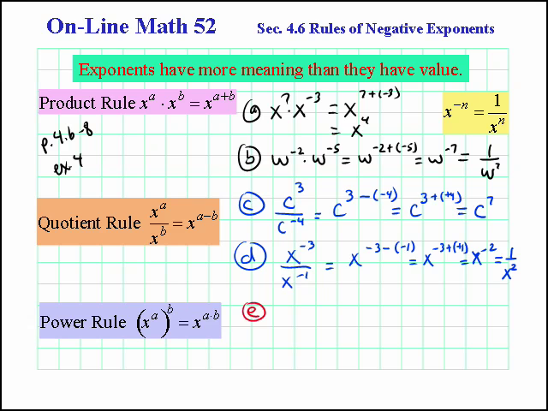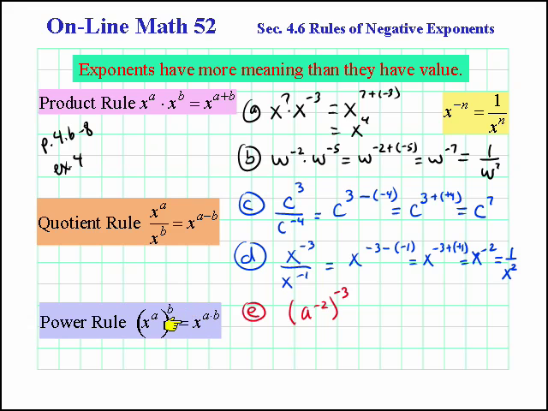Okay. Here's letter E. It says a to the negative 2 to the negative 3. Parentheses. A to the negative 2 raised to the negative 3. We only have the one base, and that's a. It's a to a power, then raised to a power again. Well, this is the power rule. And when we have something to a power to another power, the powers multiply together. And there's an explanation in the book, especially in section 4.1 about that.